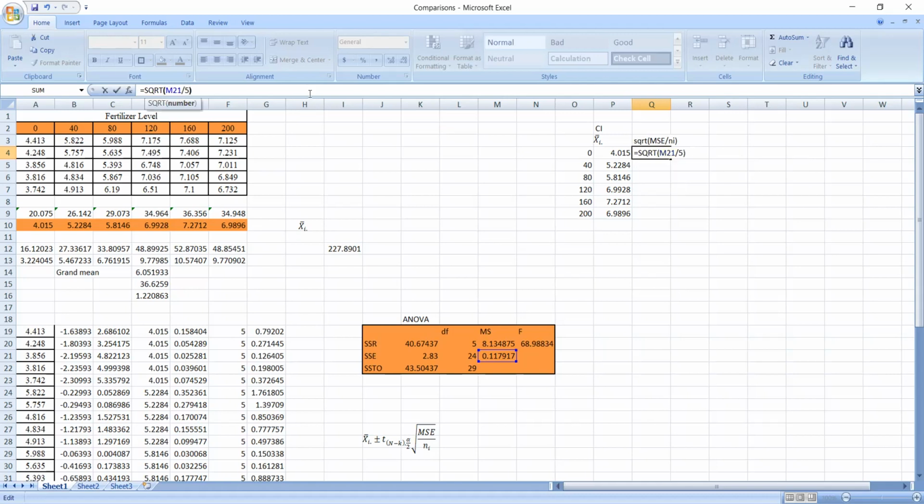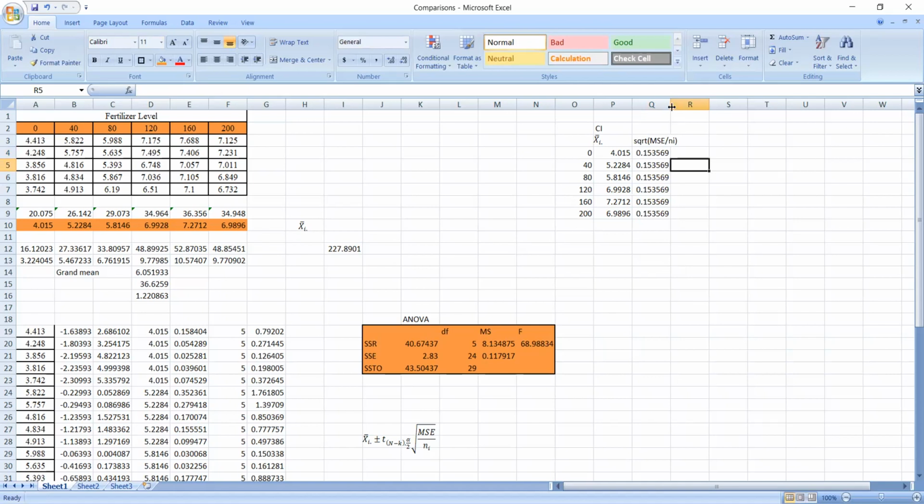The mean square error is the same for all the observations, so I'm going to lock that value. I'll do the calculations here like this. You can see that for each and every treatment you get the same value, because the mean square error is the same and the sample size under each treatment is the same. So you get the same value when you take the square root of MSE divided by n_i.